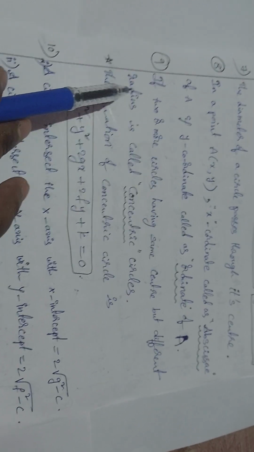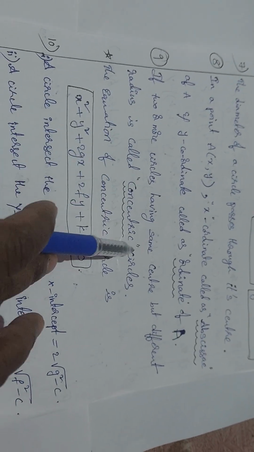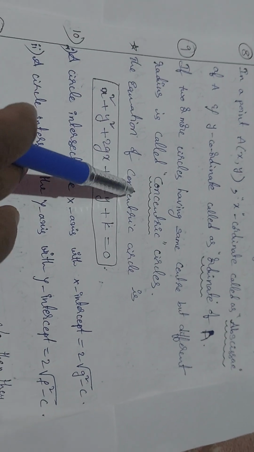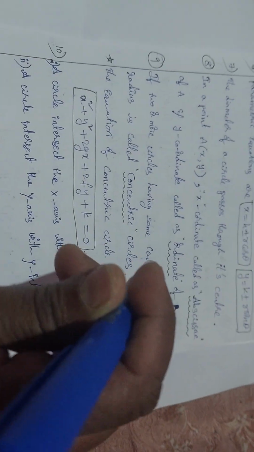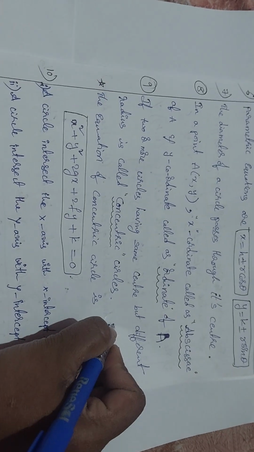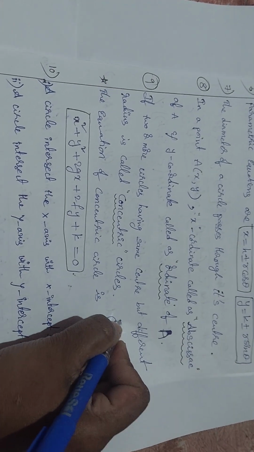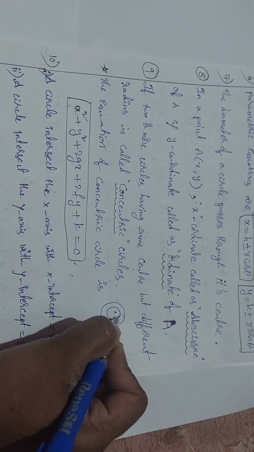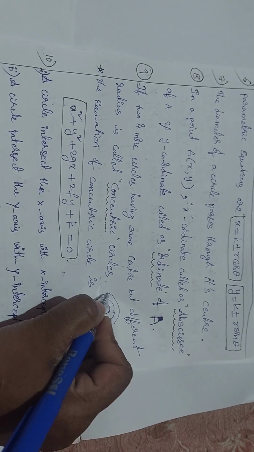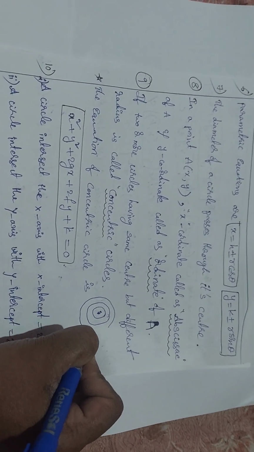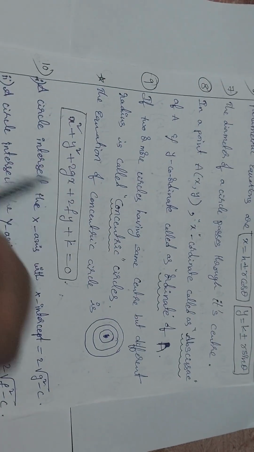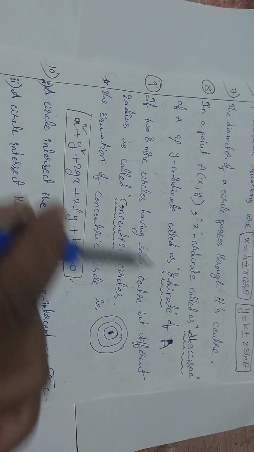Next, if two or more circles have the same center but different radius, they are called concentric. Like when we target a goal, we do it concentrically. So both circles have the same center but different radius; these circles are called concentric, like a target.